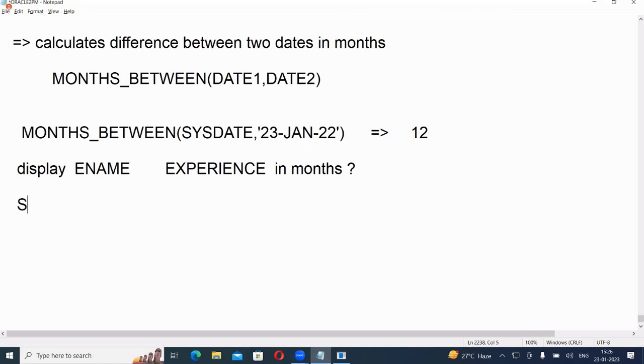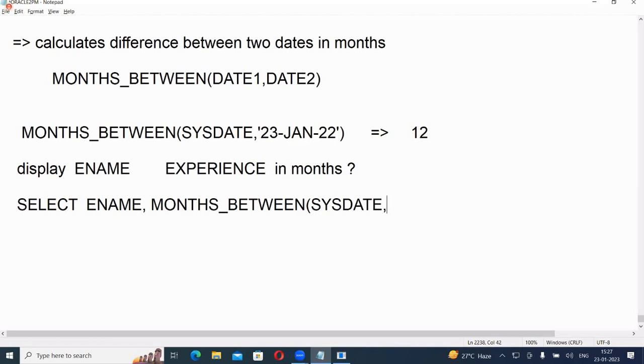Then what? E-name, comma, experience in months. Use months between, system date, comma, hire date from EMP, as experience.